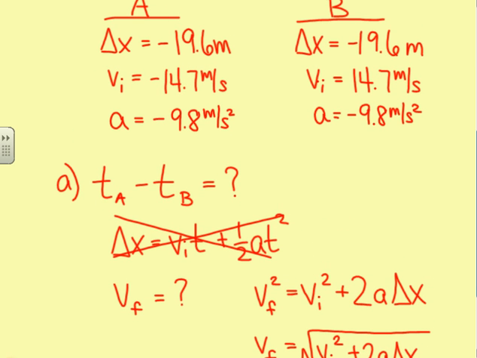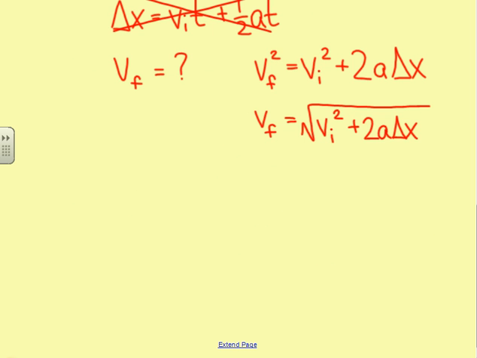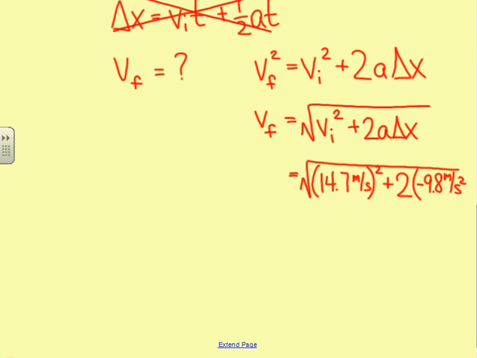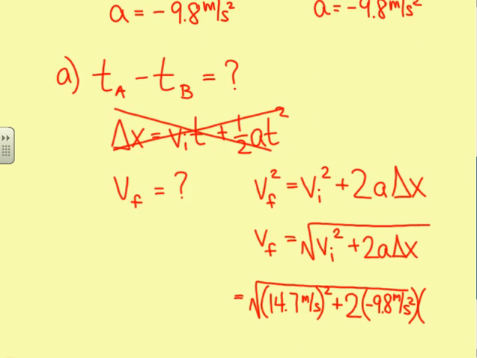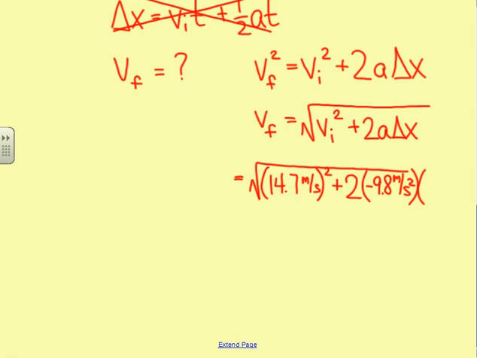I'm going to do that for both balls A and B. And the only difference is the sign of that initial velocity. So 14.7 meters per second squared plus 2 times negative 9.8 meters per second squared. I'm running out of room here, so I'll scoot this over. Times the displacement, which is negative 19.6 meters.